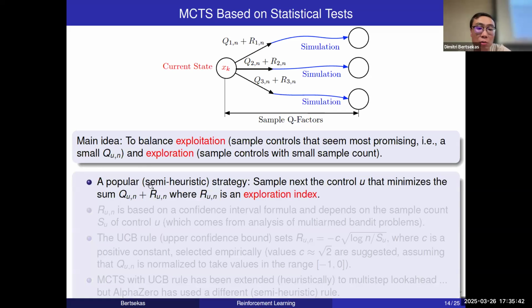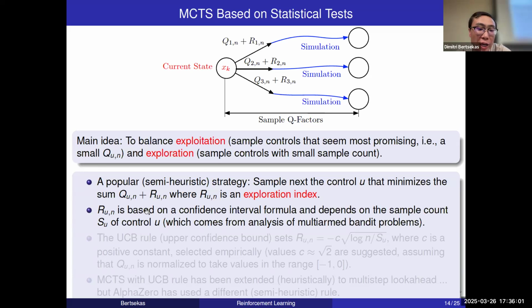And a popular, somewhat semi-heuristic strategy is to sample the next control U that minimizes the sum of those two indices, where RUN is the exploration index. RUN is based on a confidence interval formula that is developed within the context of multi-armed bandit. It depends on the sample count SU of control U.